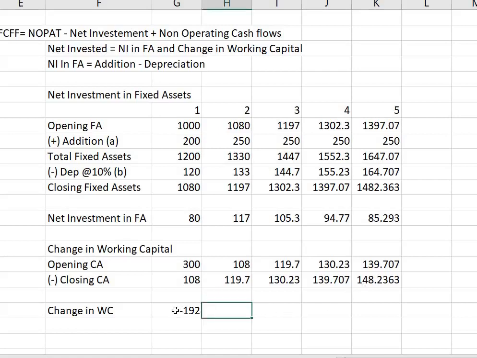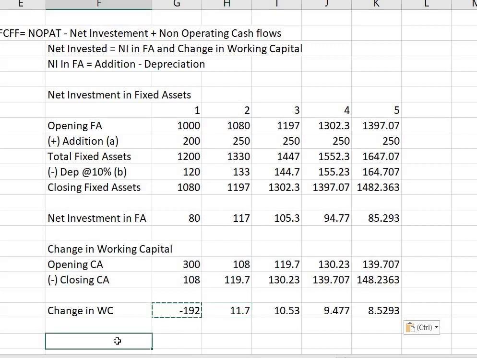And change in working capital is my opening minus closing. Now here in the first year there is a decrease in working capital, whereas from the second year onwards there is an increase in the working capital. So now the final calculation, that is the net investment calculation.